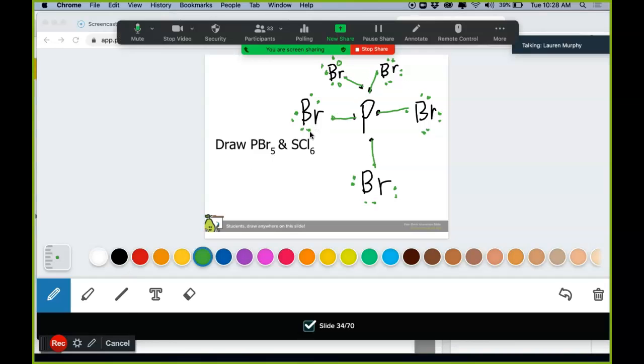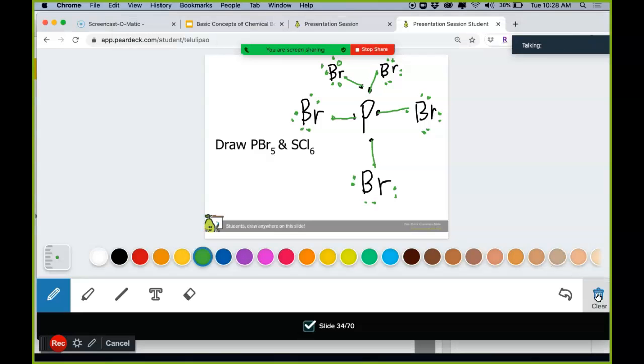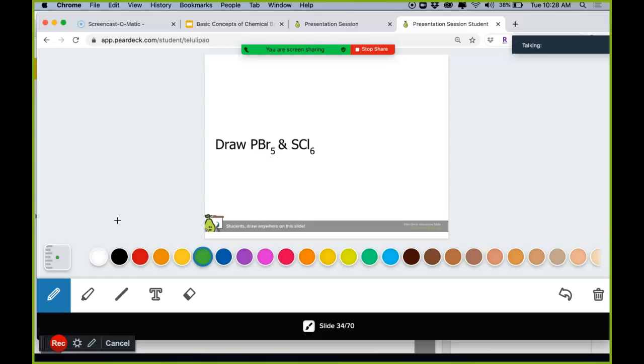Okay, so let's draw SCl6. Sulfur has 6 valence electrons, 1, 2, 3, 4, 5, 6. And now I have to throw 6 chlorines around it. I'm definitely forced to break up all of the lone pairs. Chlorine has 7 valence electrons, so 1, 2, 3, 4, 5, 6, 7, bond.